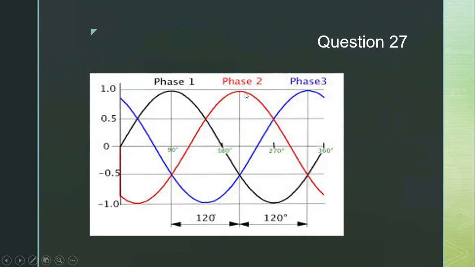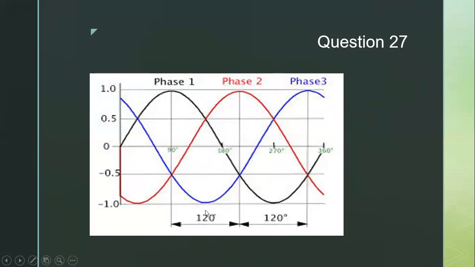The angle between the maxima of the nearest phases: say phase one is at 90, the next will be at 90 plus 120, a 120-degree difference. In between these two phases there is an angle of 120 degrees.